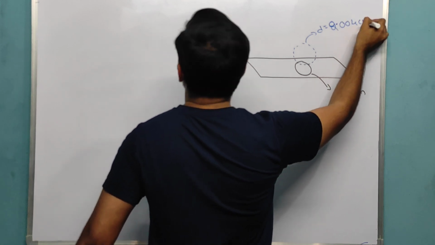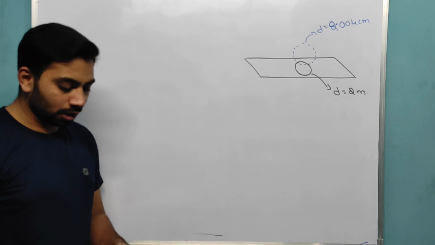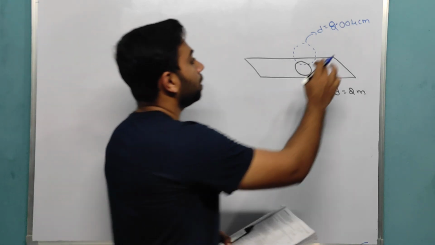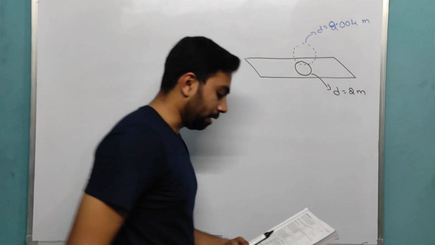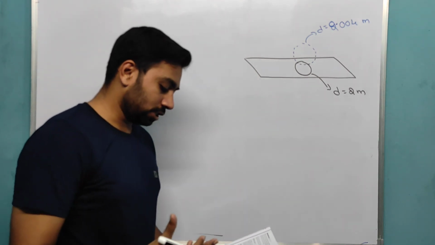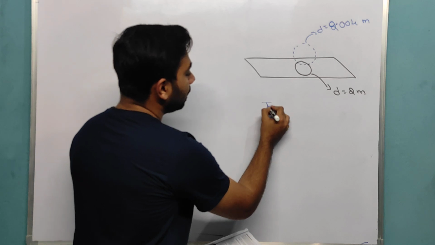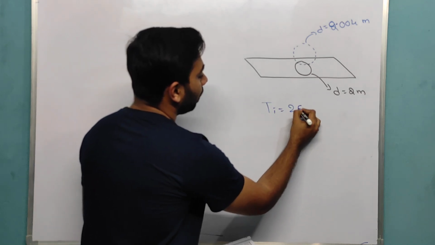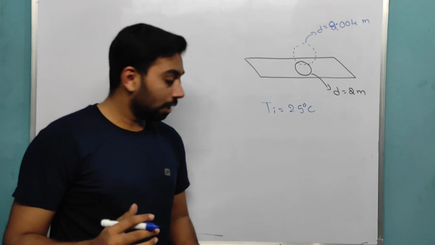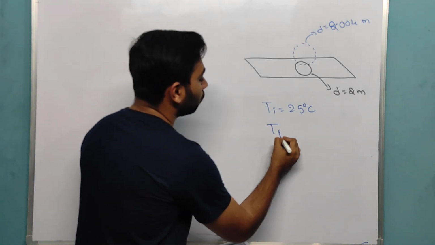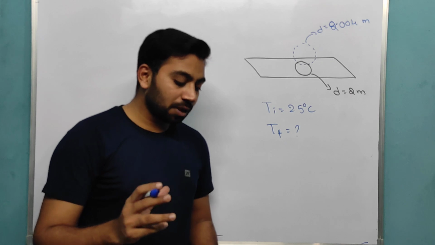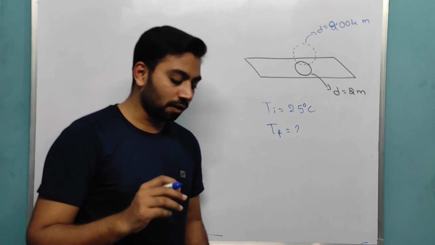Sorry, it is meter, not centimeter. The initial temperature they have given is 25 degrees Celsius. And we need to find at what temperature, which means the final temperature, the iron sphere will fall through the hole of the sheet.